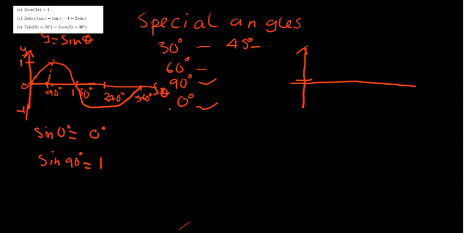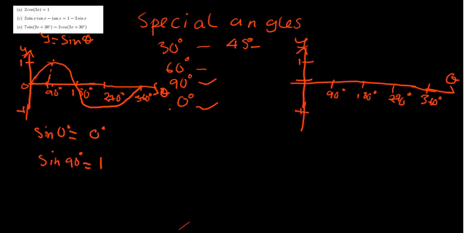Consider the angles there: we have 90, 180, 270, and then 360. Please bear with me, the handwriting is not that good, but I hope you're understanding what I'm doing. Then there we have the amplitude 1 and also -1.